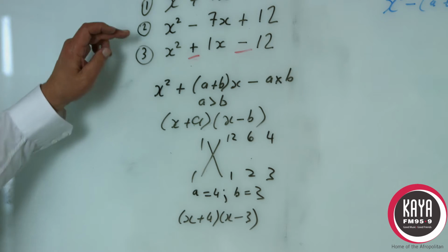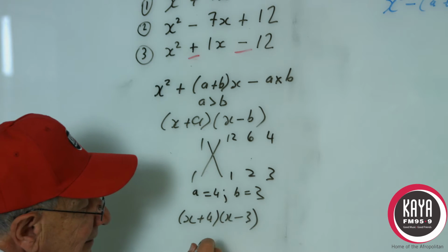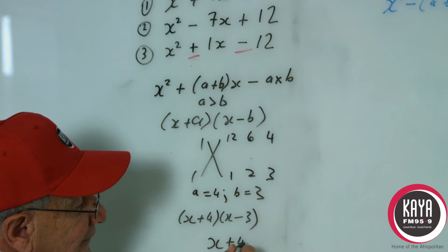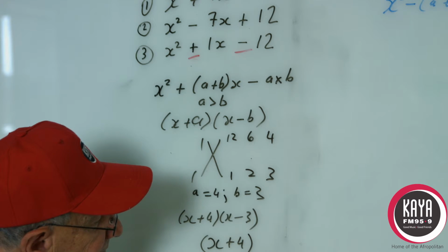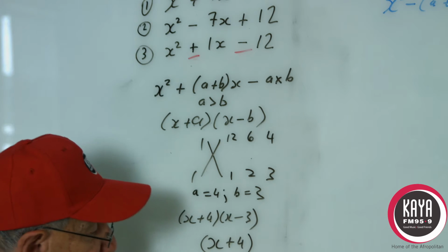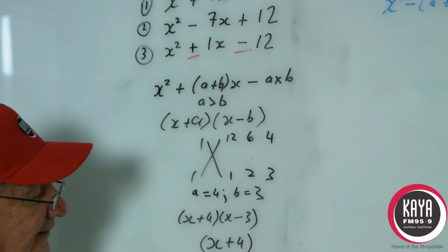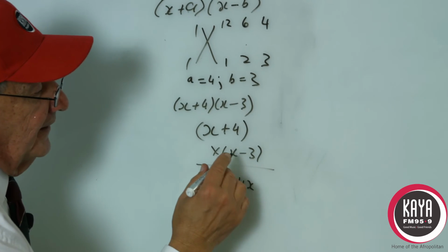So our solution here is going to be x plus 4 and x minus 3. To check that we get back to equation number 3, we multiply them out. So we'll have x plus 4 times x minus 3. x times x is x squared. x times 4 is plus 4x.